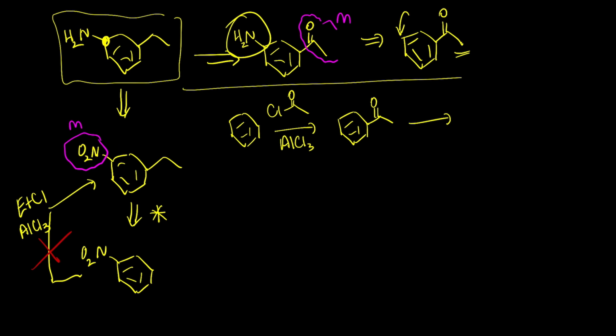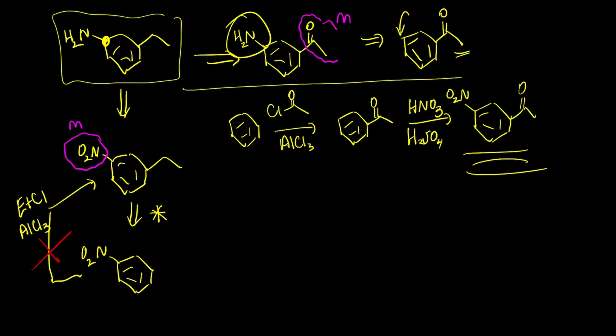Now, acetophenone can be functionalized. We can't stick an amine group on directly. We have to first do a nitration. Oops, I keep adding another extra carbon. Okay, so now we have this molecule.